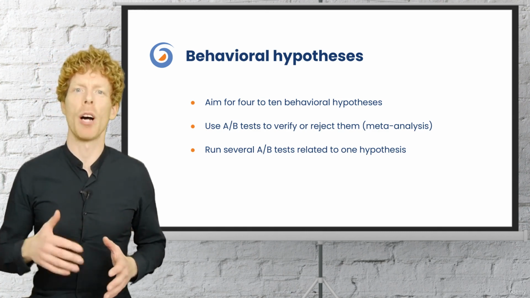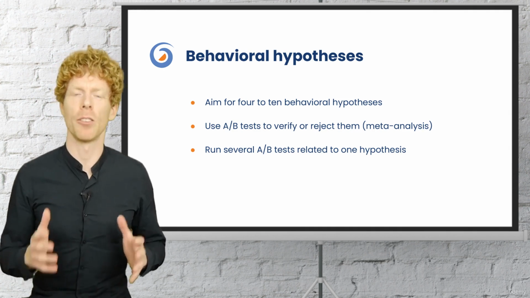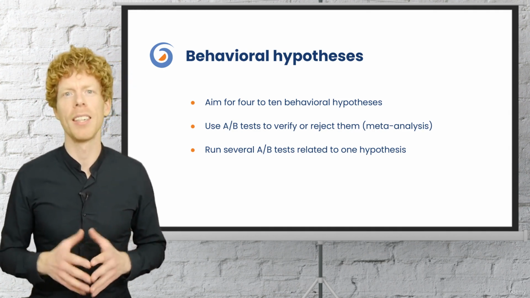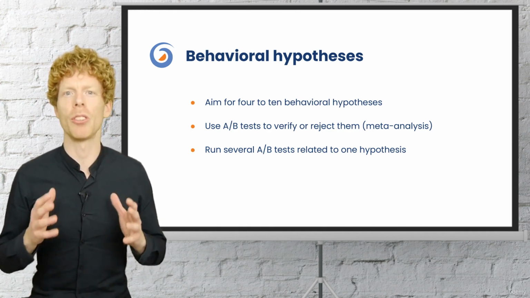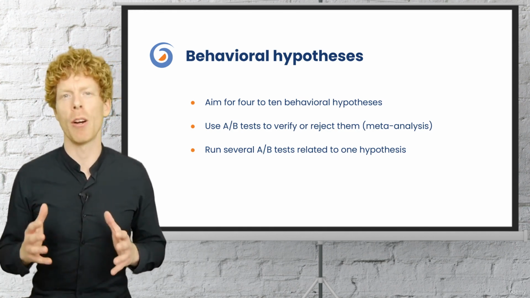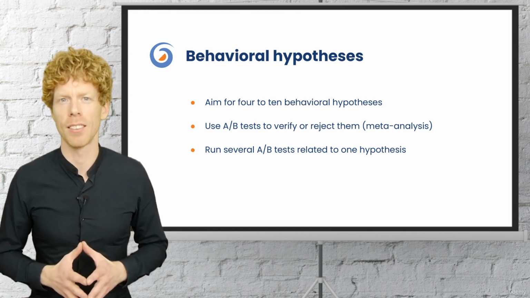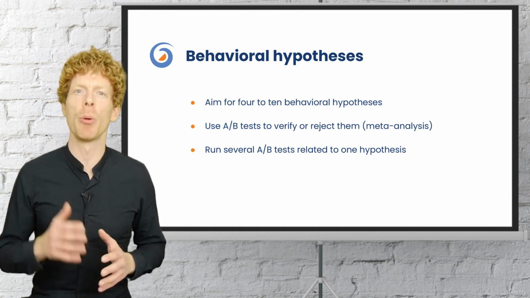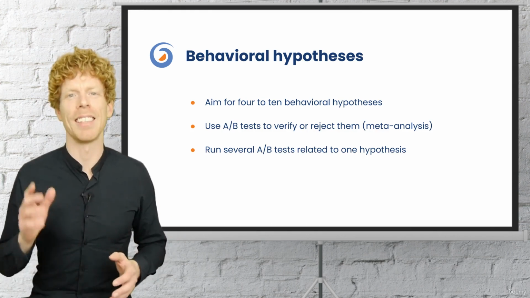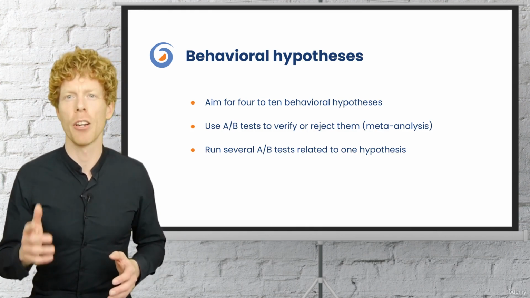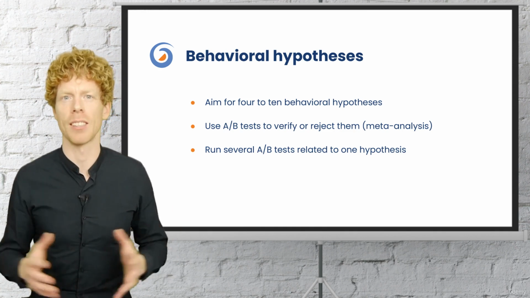Once you have your behavioral hypotheses, use A/B tests to verify or reject them. And this again is the meta-analysis. Like in science, we use several experiments to verify one hypothesis. And of course, I do not mean that we run the exact same A/B test over and over again. Instead, run several A/B tests related to one hypothesis.